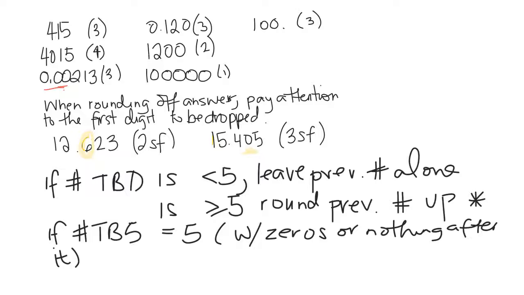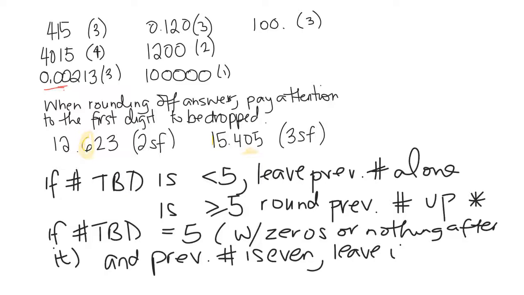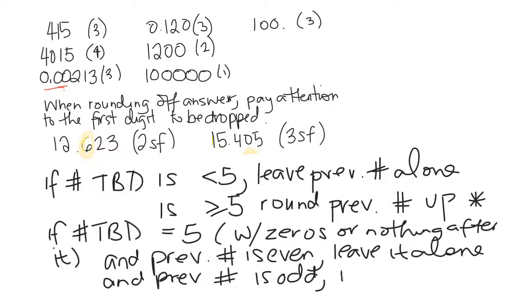So, if the number to be dropped is equal to 5 with zeros or nothing after it, and the previous number is even, leave it alone. If the previous number is odd, round it up.